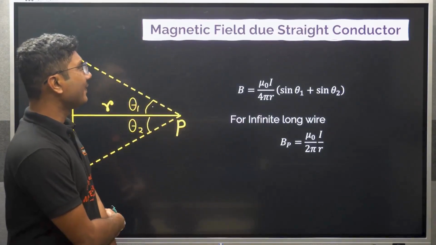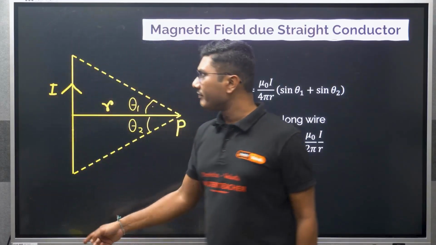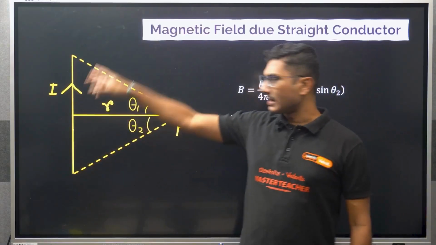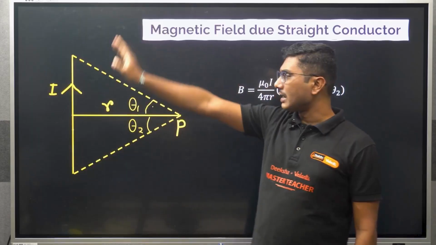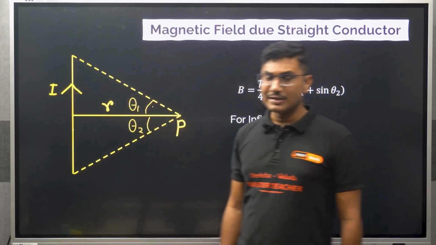Next is magnetic field due to a straight conductor. We have a straight very long conductor and we want to find the magnetic field due to this current carrying conductor. Current passing through it is I, then what will be the magnetic field at this point P?